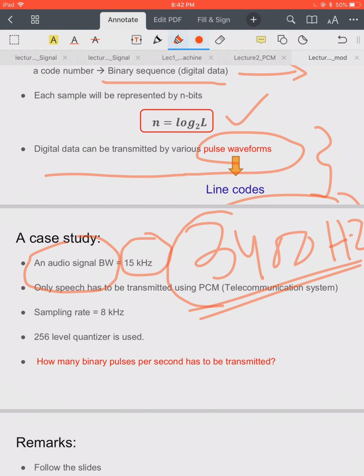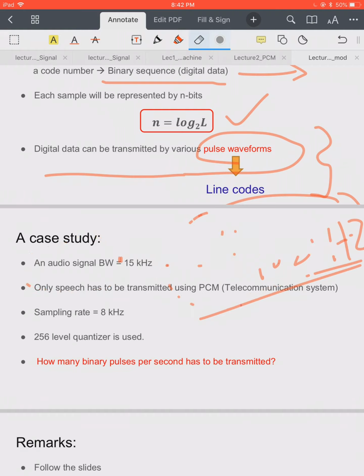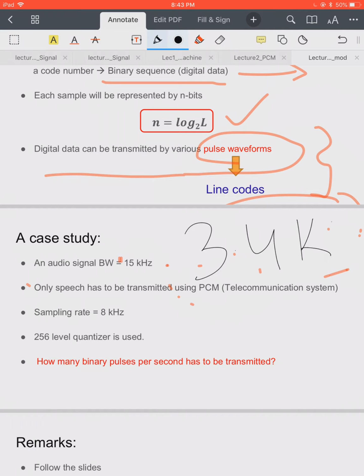So I'm going to use a low pass filter which will make it band limited to 3.4 kilohertz. And then I'm going to sample it with a sampler of 8 kilohertz.